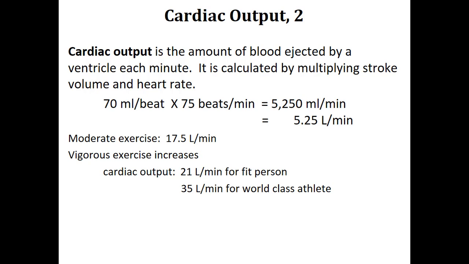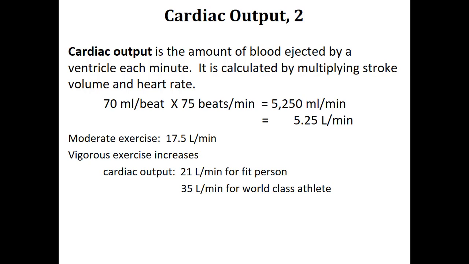There are some other things: your ventricles will hold about 130 mils, which is your end diastolic volume. At the end of ventricular diastole, when the ventricles are relaxed, you have this much blood in your heart.